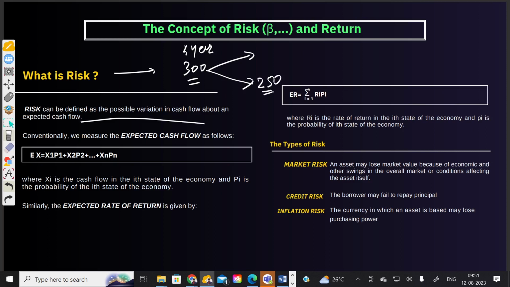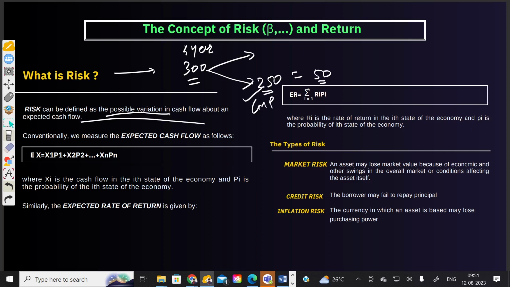If I ask you the risk, you would say the risk would be 50 rupees. Why? Because the current market price of the stock is 250, and if you sell that stock at 250, you will receive 250 rupees. So you have lost 50 rupees of value of investment, and that 50 rupees becomes the risk for you. Why? Because of possible variations.